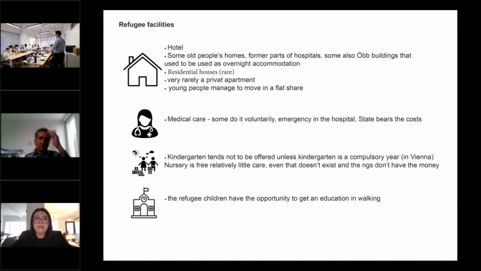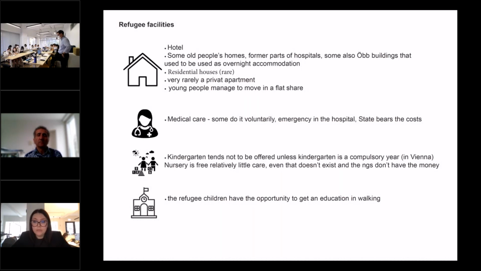After they are split, they get placed in hotels and also in old people's homes or parts of hospitals. A rare case is that young people get into residential houses or private apartments. Young people also manage to move into shared flats. They also receive medical care, and the state pays for it.